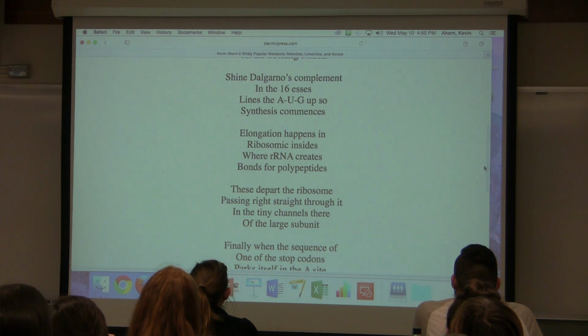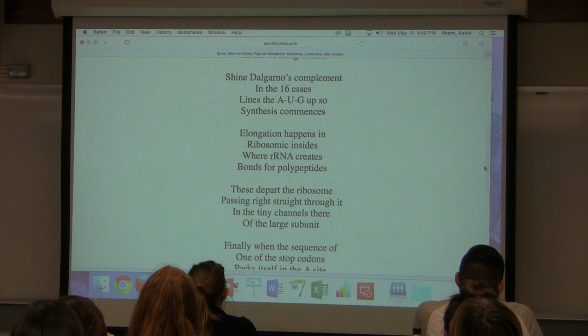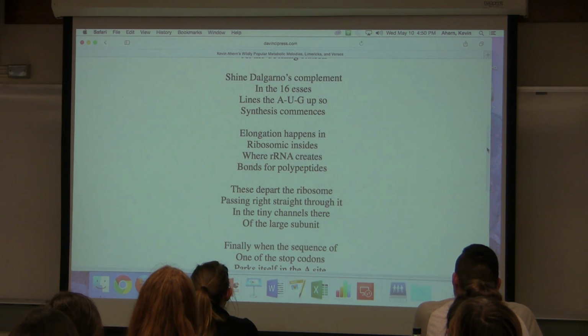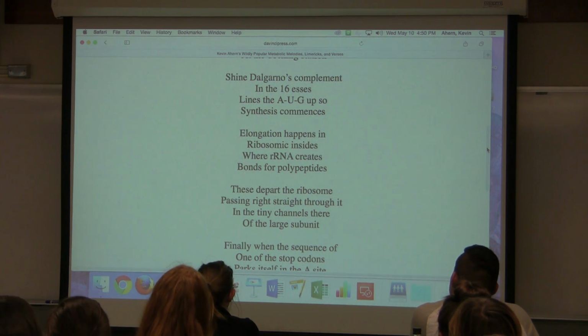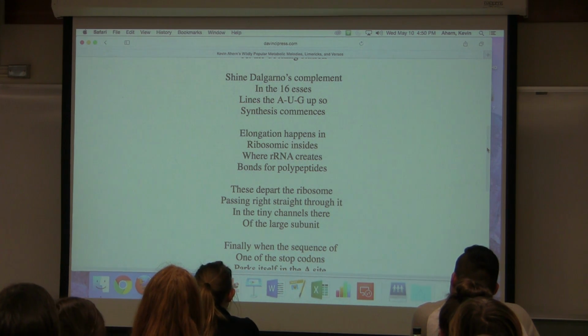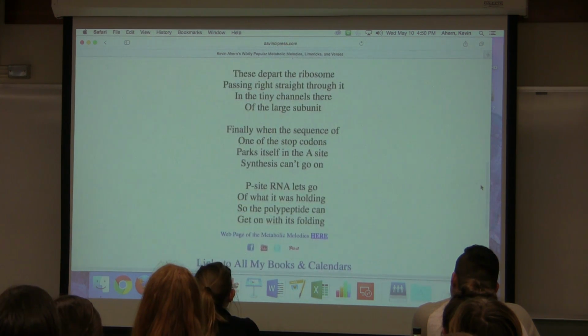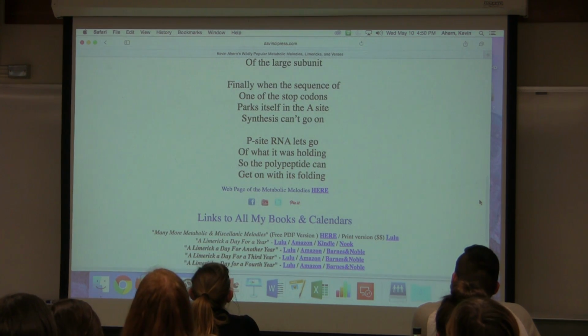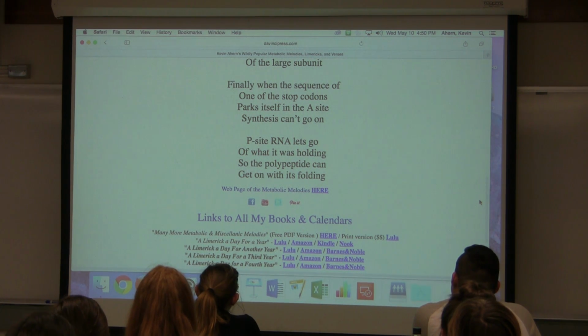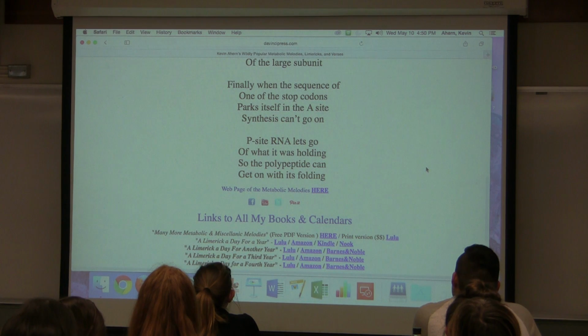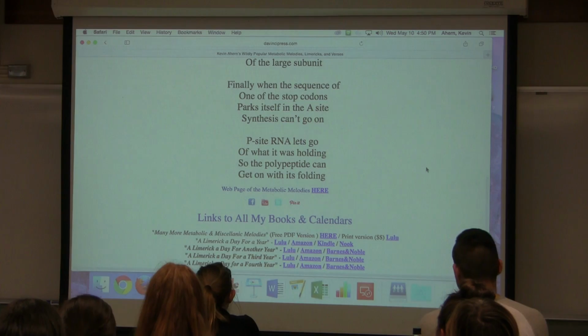Elongation happens in ribosomic insides where our RNA creates bonds for polypeptides. These depart the ribosome, passing right straight through it in the tiny channels there of the large subunit. Finally, when the sequence of one of the stop codons parks itself in the A site, synthesis can't go on. P site RNA lets go of what it was holding, so the polypeptide can get on with its folding.